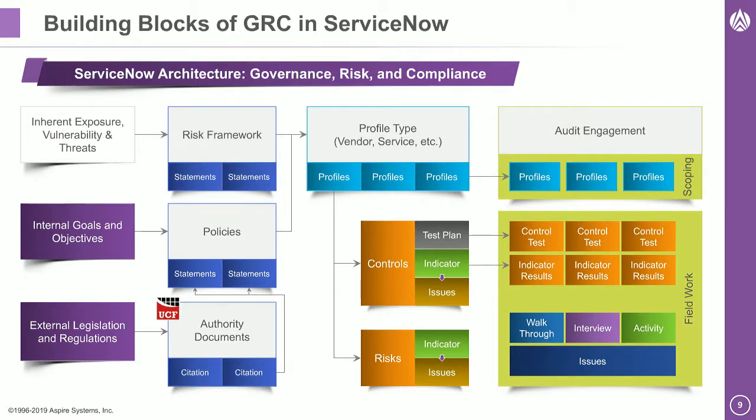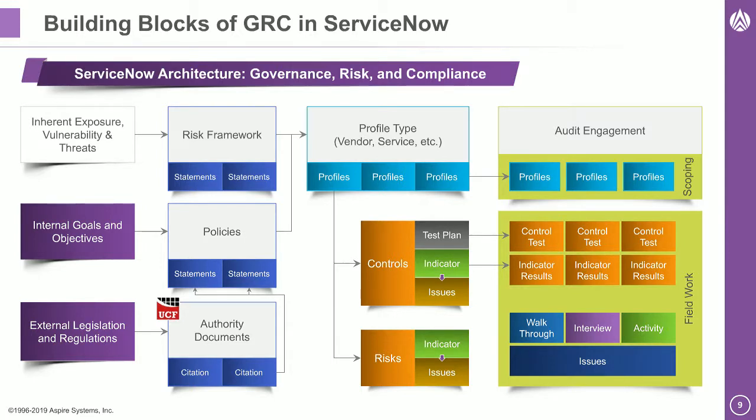Now with the controls associated to the profile, let's come to the risks. So we talked about risk, information security risk. Under information security risk, we could have multiple risk statements like unauthorized access, compromise of information, availability of business systems. So these are all risk templates.